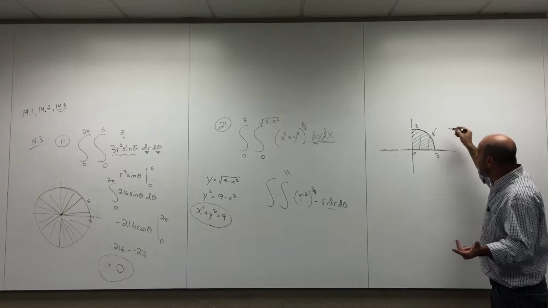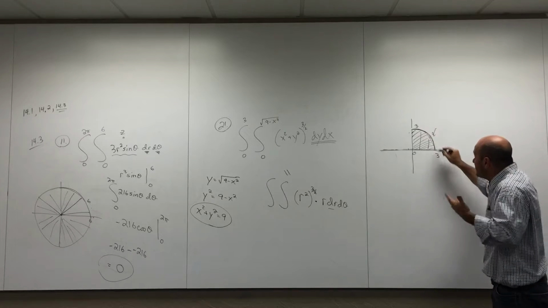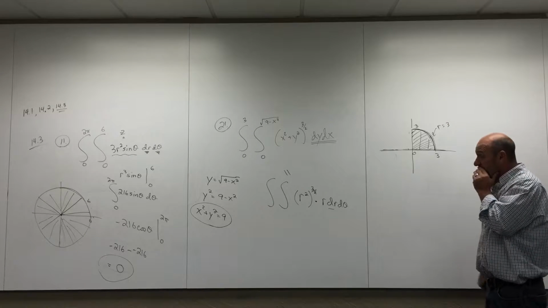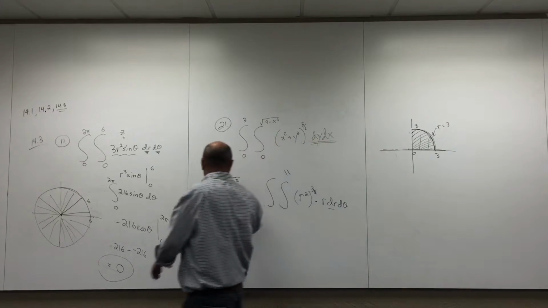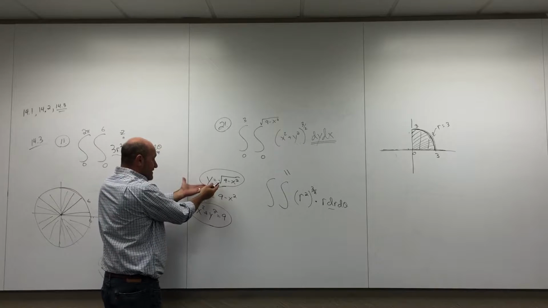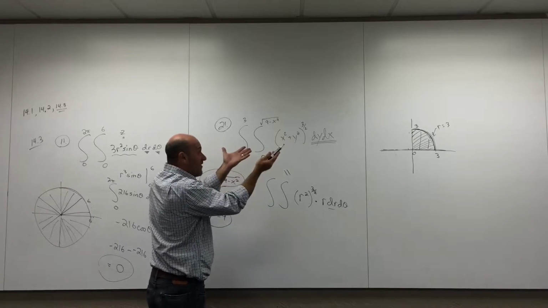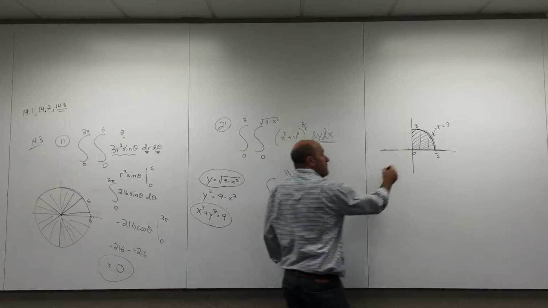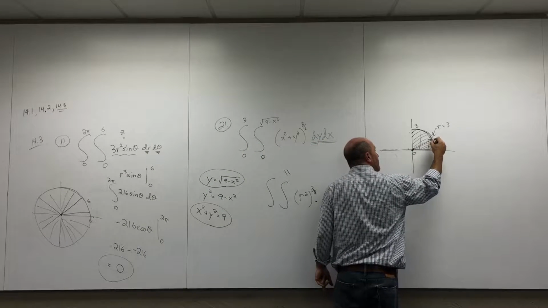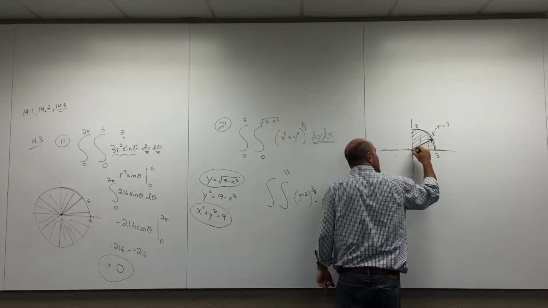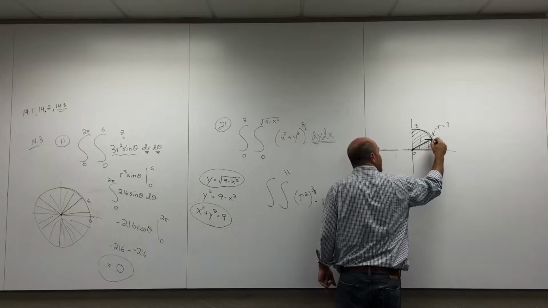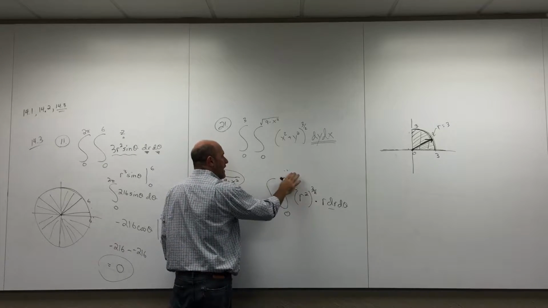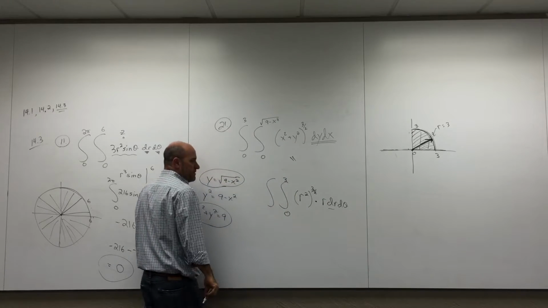The name of this curve in rectangular coordinates is this, right? In polar coordinates, it's r equals 3. It's beautiful. So my r goes from 0 to 3. I want you to see the inner to outer idea, though. Cool. 0 to 3.